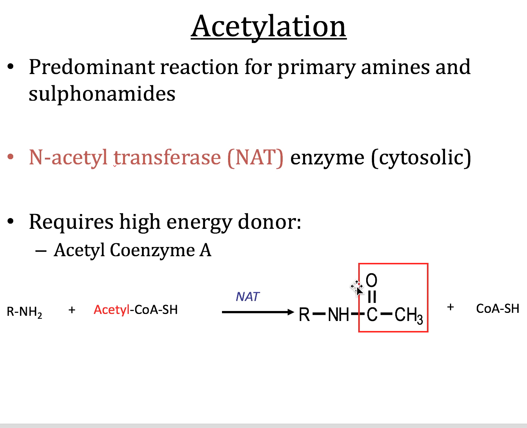What happens is it removes one of the hydrogens, and then it adds the acetyl part here, and gets rid of the CoA SH. So what you need to be aware of is the byproduct of acetylation is a CoA SH at the end, and the acetyl is added over here.